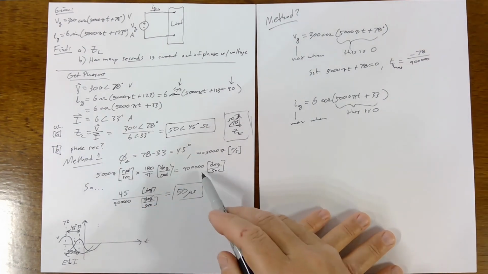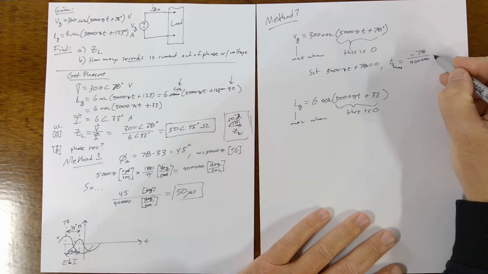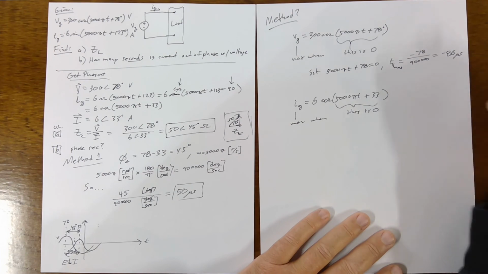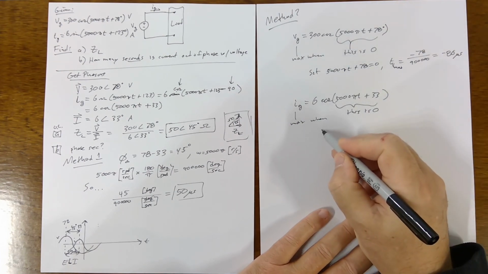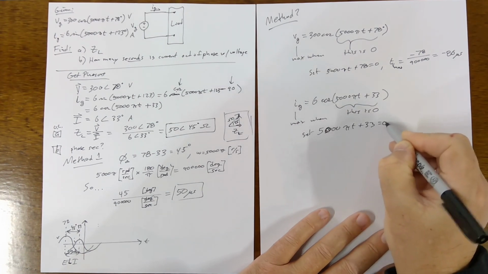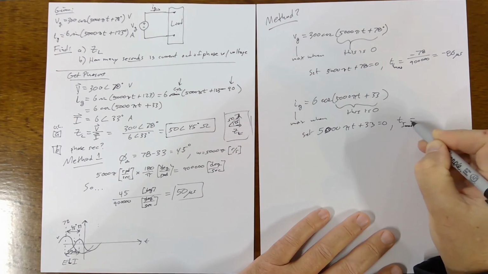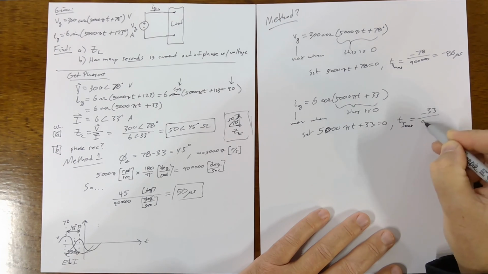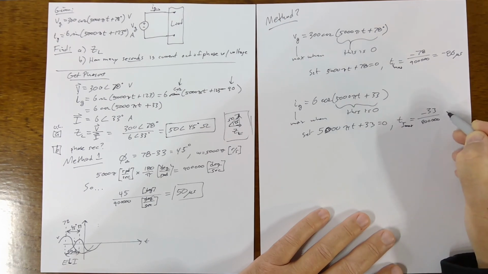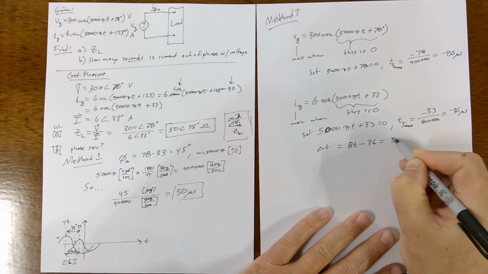So I have to go back here and turn 5,000 pi into 900,000. This ends up being minus 86 microseconds. If you do the same thing for the current, you set 5,000 pi t plus 33 equal to 0, then t of i max is going to be minus 33 over 900,000, which is minus 36 microseconds. So delta t that we're looking for is just the difference between these two. It's 50 microseconds.